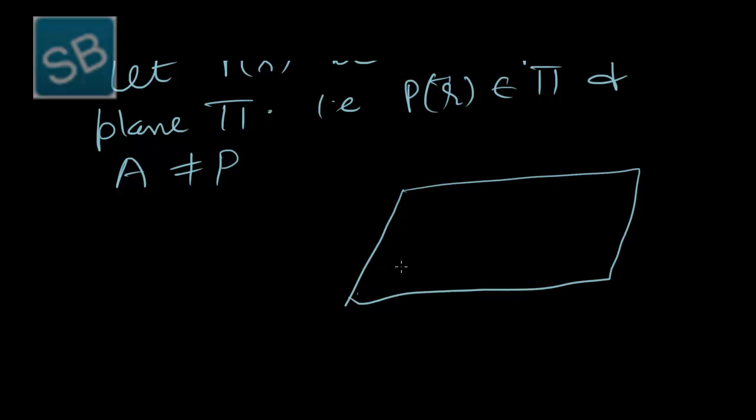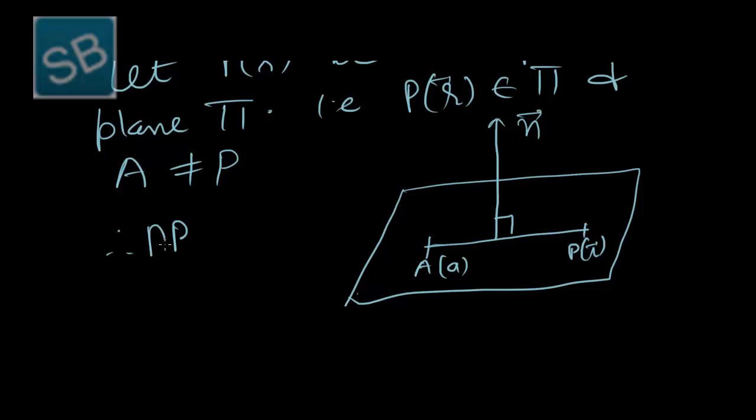If this is the plane passing through point A, and P of r is any point in the plane, and this n is perpendicular to this line and normal to plane.